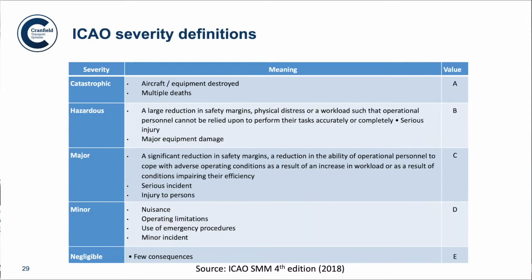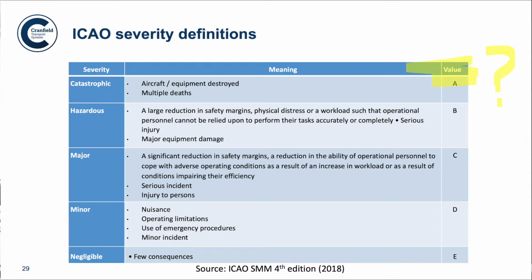In the 4th edition of the Safety Management Manual, ICAO have provided these definitions for severity and given a value. It's not really a value, it's more of a label again, but they are defined as being values for whatever reason.